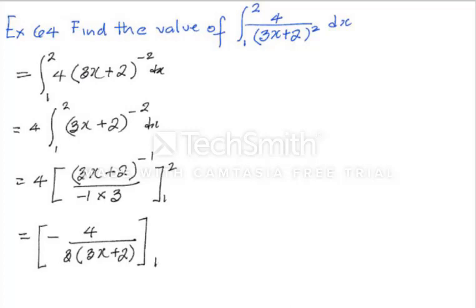And this is 1 and this is 2. Substituting first, when x is 2, we get minus 4 over 3 into 3 times 2 plus 2, minus a minus 4. Substitute next when x is 1.